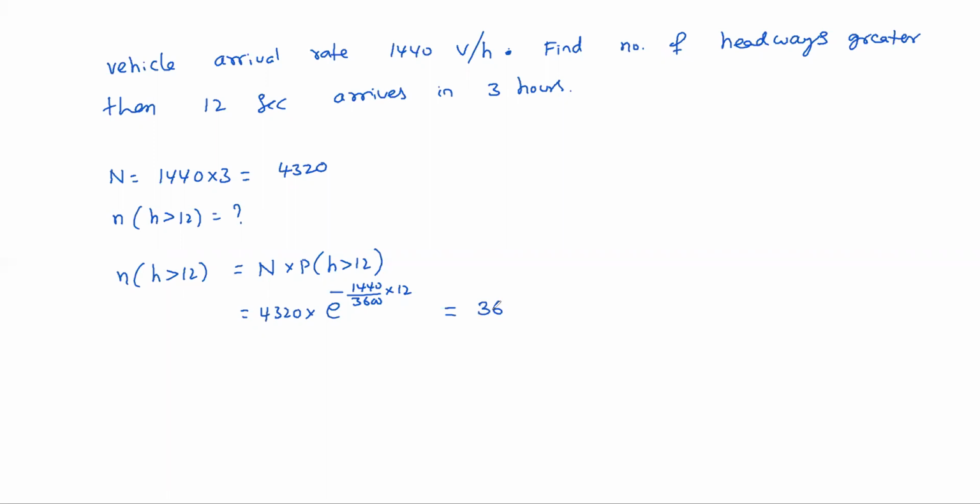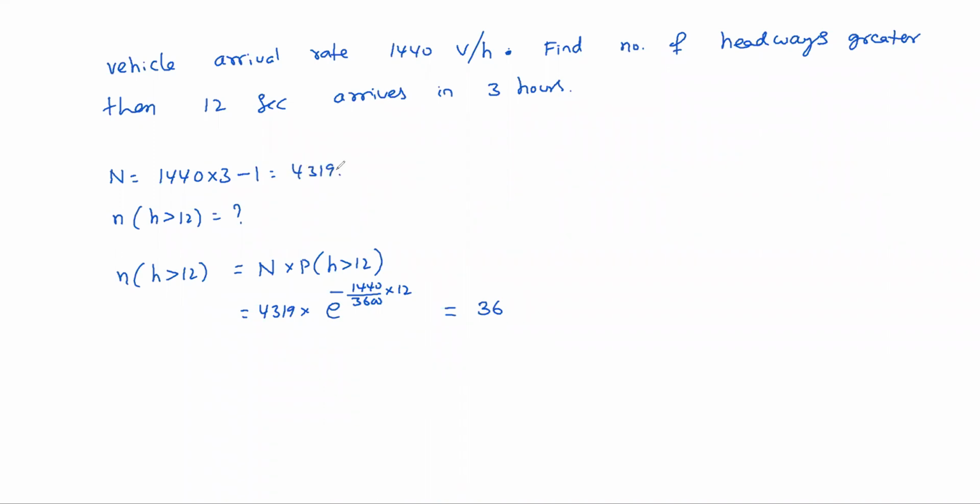So in 3 hours, totally 4320 vehicles will come, right? Strictly speaking, the number of headways is 1 less than the number of vehicles arrived, so 4320 minus 1, 4319.